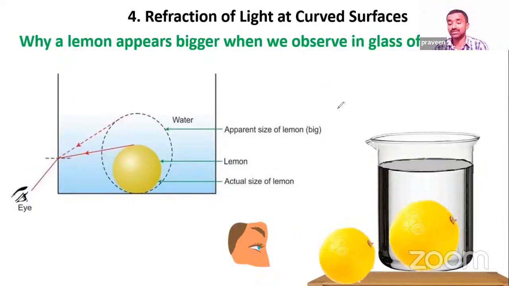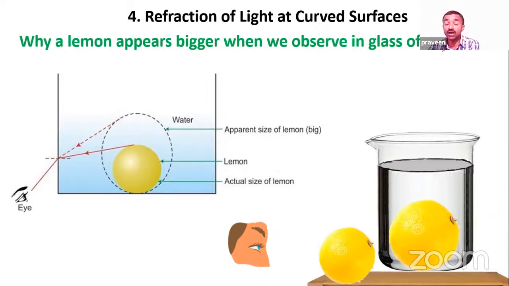So we are understanding why the lemon size appears larger compared with the lemon which is in the air. The same lemon dropped into the water, but the sizes we noticed are different. The lemon kept in the air and the lemon dropped into the water differ in size because of the medium.